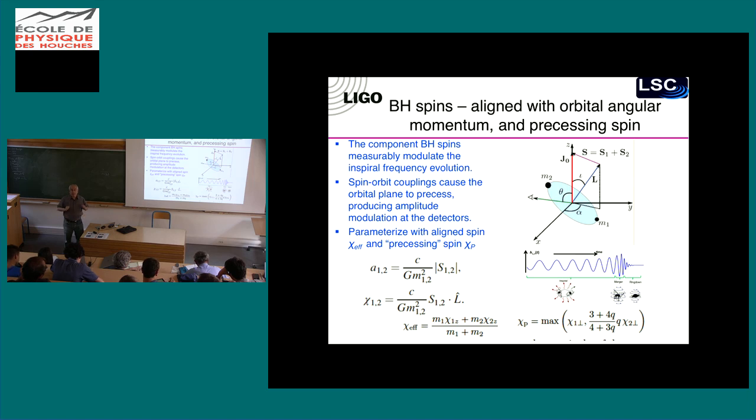Okay, if the spins are anti-aligned, then the waveform will be shorter than in the absence of spins. Longer, shorter. Okay.